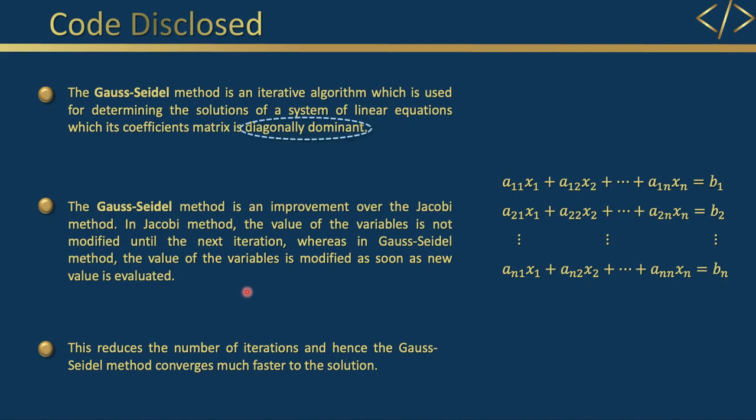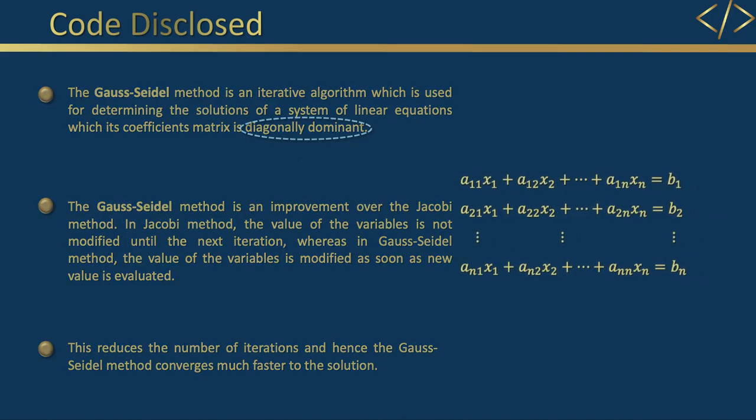So I went through this idea in the Jacobi method video, but I'll go through it again because it's very essential for this condition to be satisfied for the Jacobi and the Gauss-Seidel methods to be successful. The coefficient matrix for this system of linear equations must be diagonally dominant.